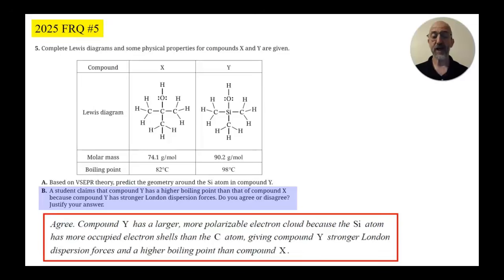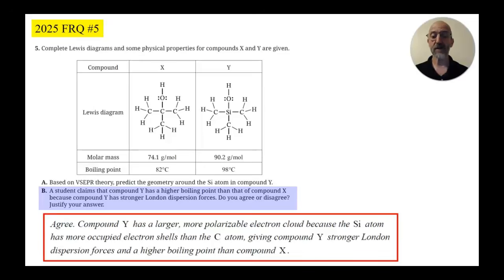Again, that's true because silicon is 1s2, 2s2, 2p6, and then we keep going 3s2, 3p2. That's the third energy level, whereas carbon stops at 1s2, 2s2, 2p2. So that's all true. Again, more electrons or more occupied electron shells was not enough. The phrase more polarizable electron cloud was essential for this question.